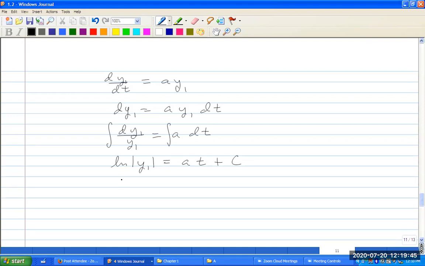And so I get that y1 equals e to the c, I'll call that c, e to the at. Actually, I also absorb the absolute value into the constant c. So I don't need to put an absolute value around y1.